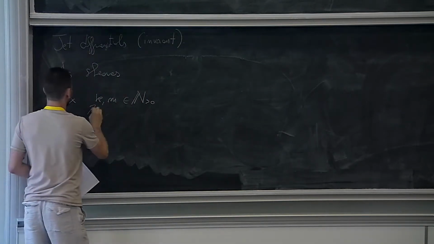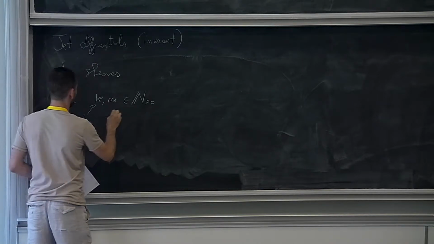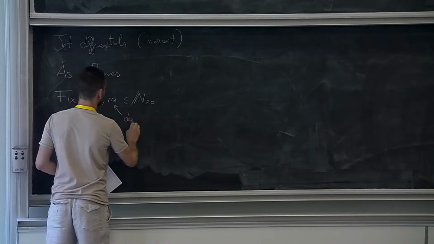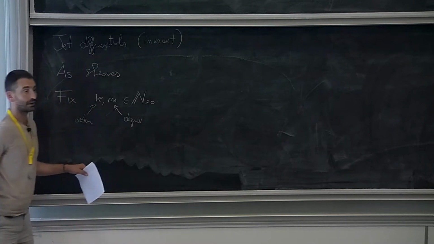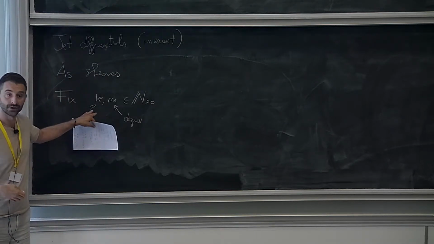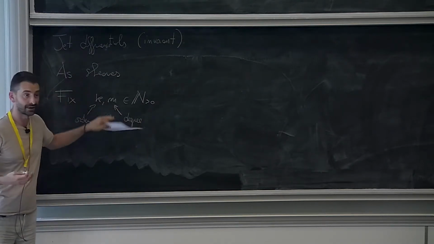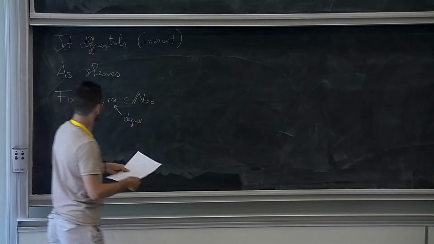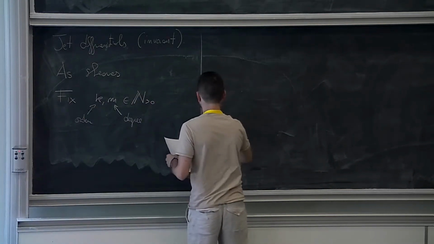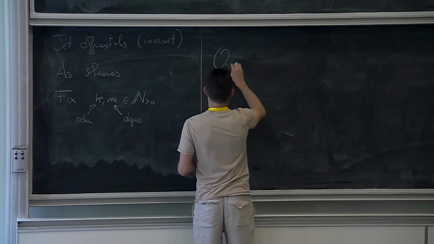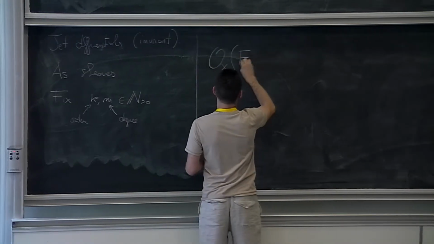So this will be an order, and this will be a degree. Okay, order as an order of a differential equation, and degree as a polynomial, you'll see. So that's the construction. I call this sheaf like this.